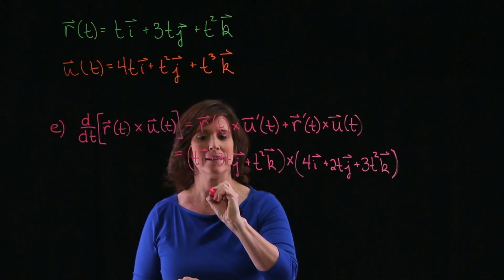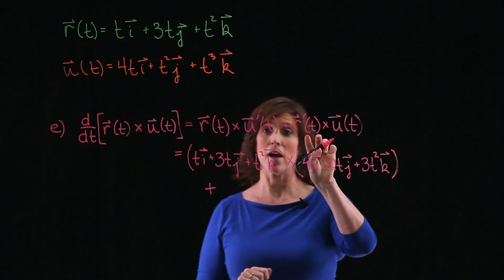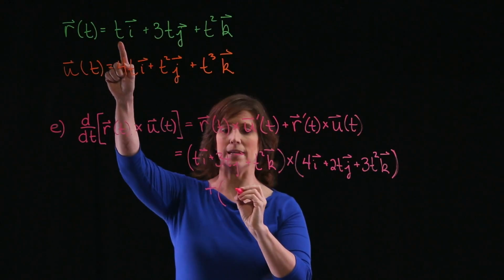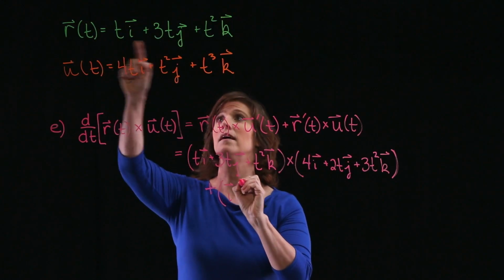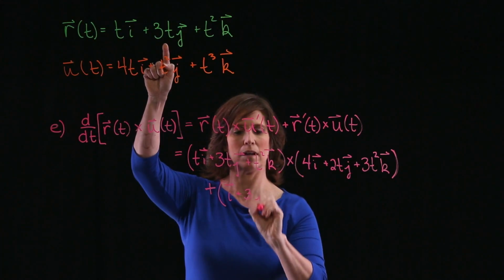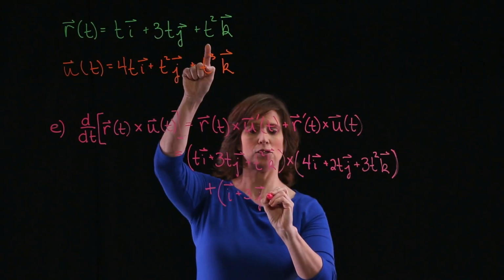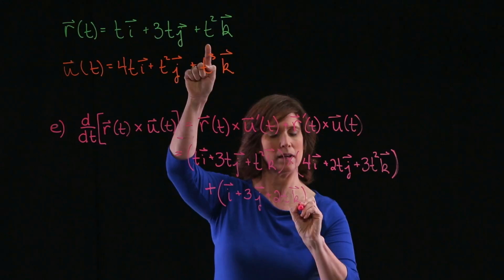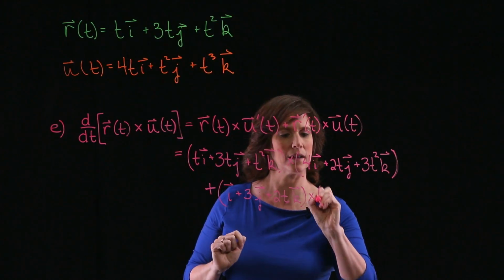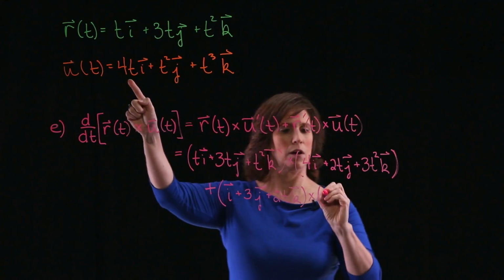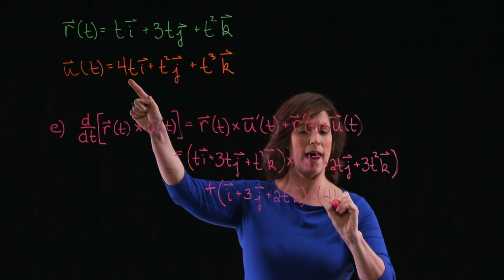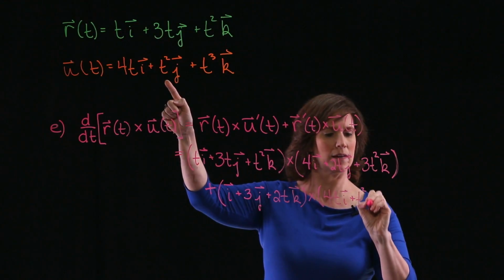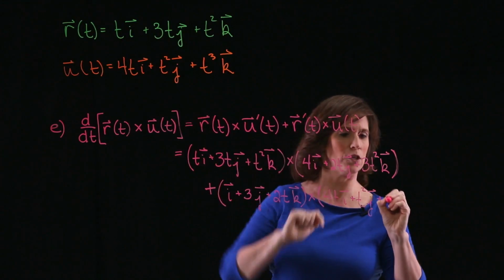Then I'm going to add to that the cross product of r prime and u. R prime is going to be i plus 3j plus 2tk. And I'll cross that with u, 4ti plus t squared j plus t cubed k.